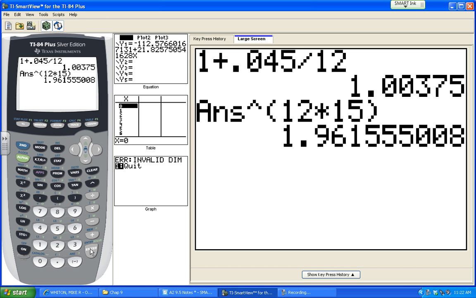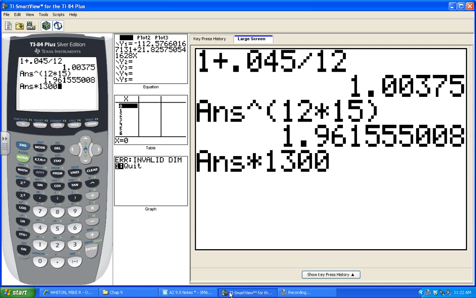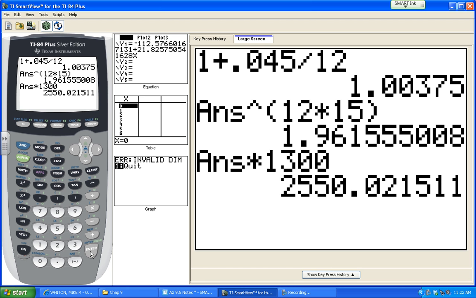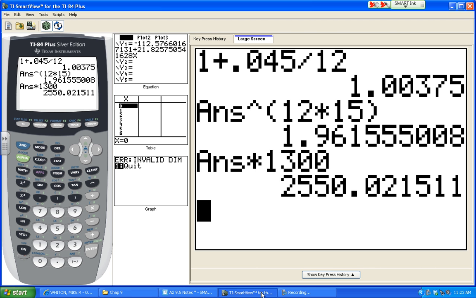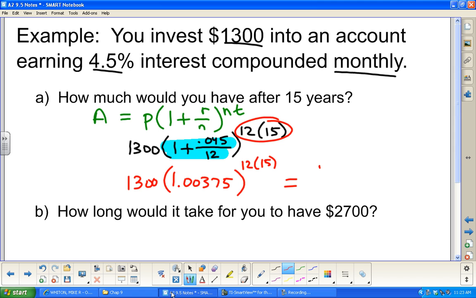Now that number needs to get multiplied by the 1300 that we originally started with. If we do that, that should give us our final answer. That's how much your money will have grown. You'll now have $2,550.02.